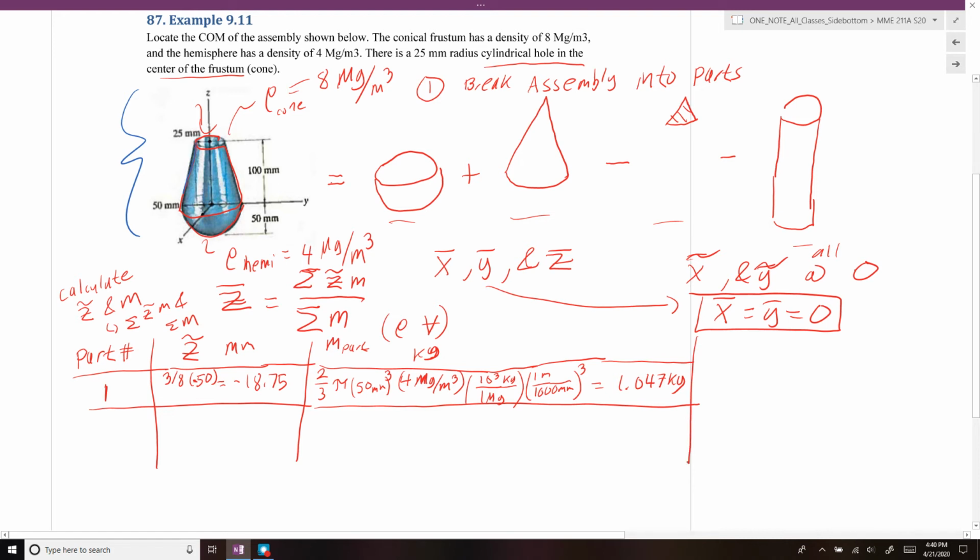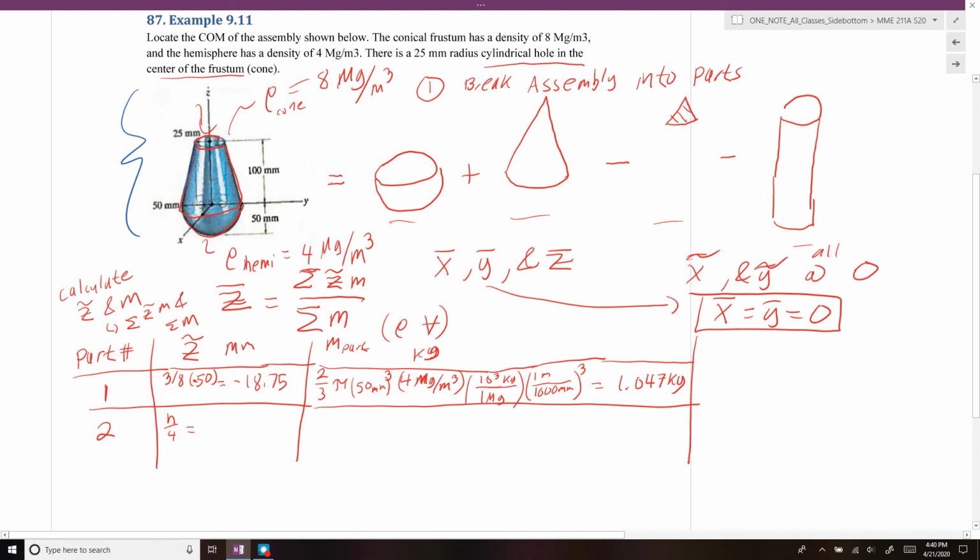We can then repeat this process for parts 2, 3, and 4. For part 2, which is our cone, z bar is equal to h over 4. The base diameter was 50 millimeters, 100 millimeters up in z the diameter was reduced by half to 25 millimeters, and another 50 millimeters up we reach the top.